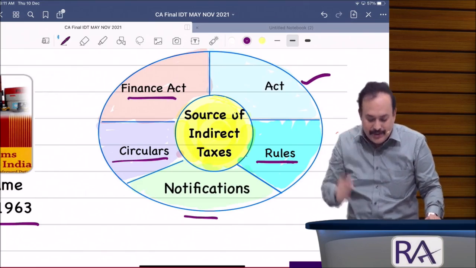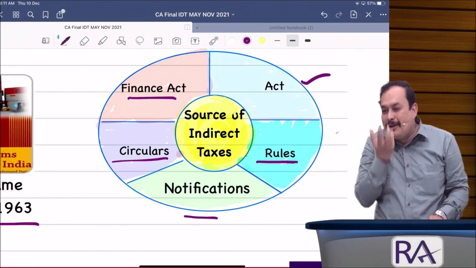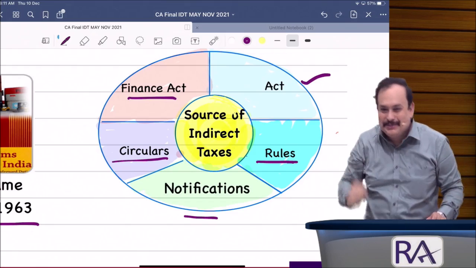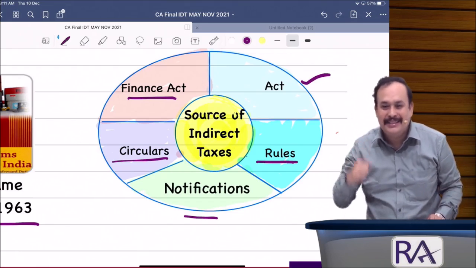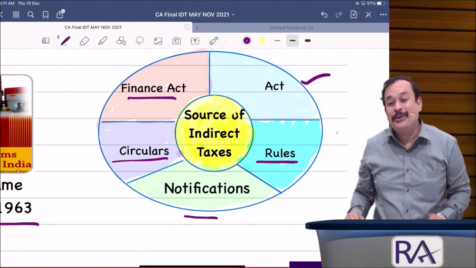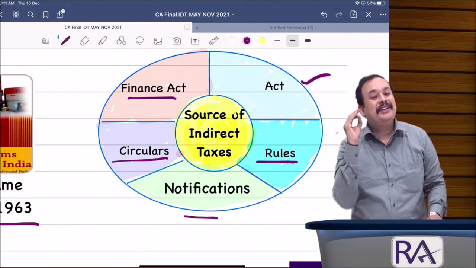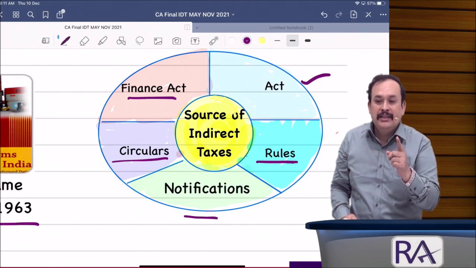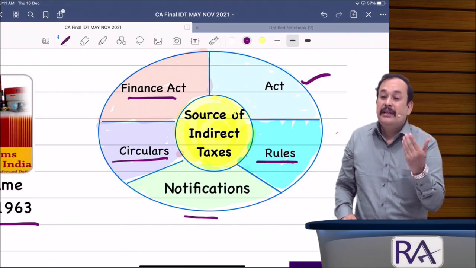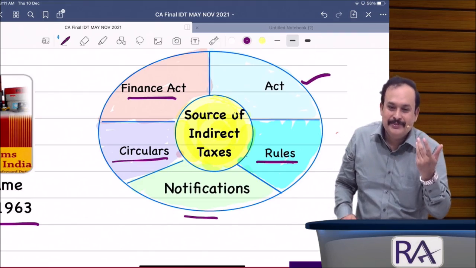Apart from this, one important source behind this is known as judiciary. One cannot deny the importance of judiciary.